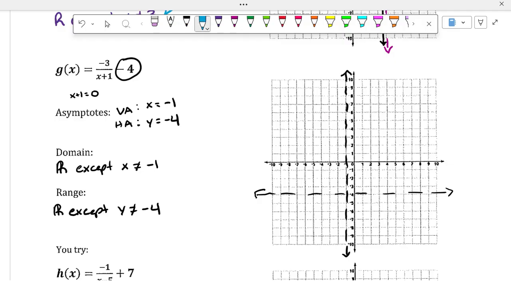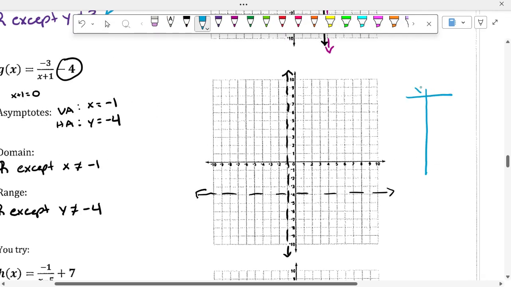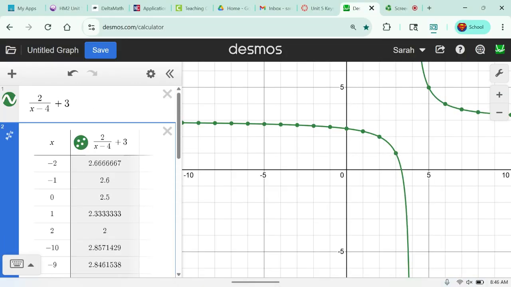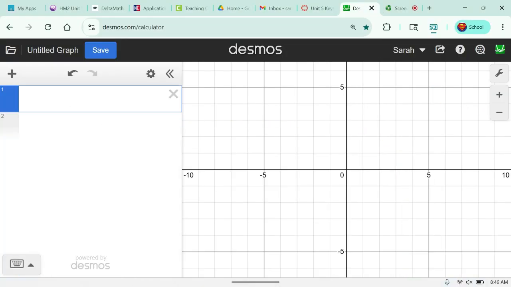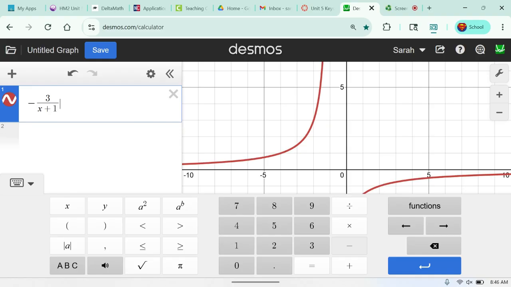All right, now we're going to get our table. So, going to plug the function in to Desmos. So I got -3 divided by x plus 1, minus 4.